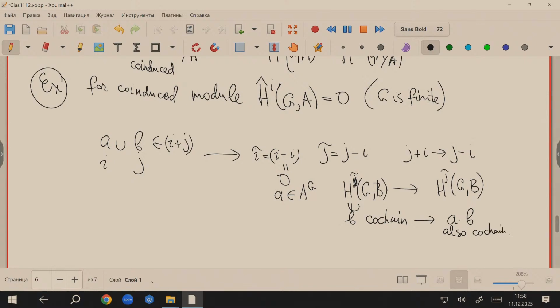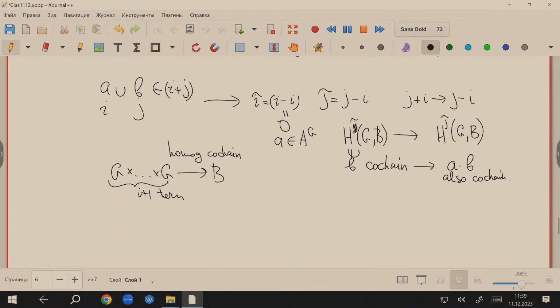Just for the following reason: for example, we can take non-alternating, homogeneous cochains for simplicity. So this is a homogeneous cochain, and these are I plus 1 terms, and when you multiply this homogeneous cochain by an invariant, it is clear. So this is B, where B is applied to G1, ..., Gk.